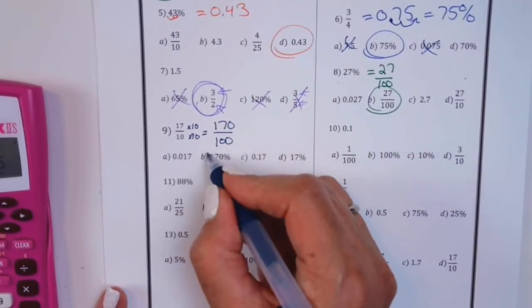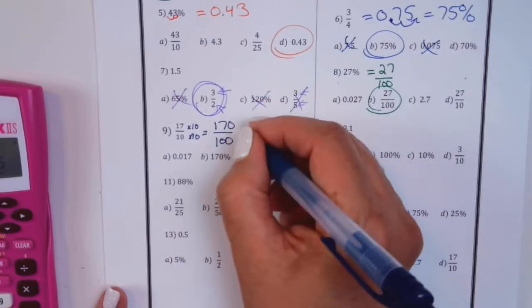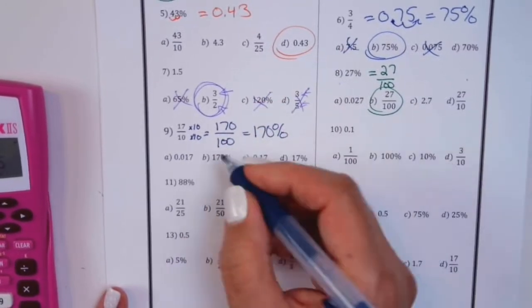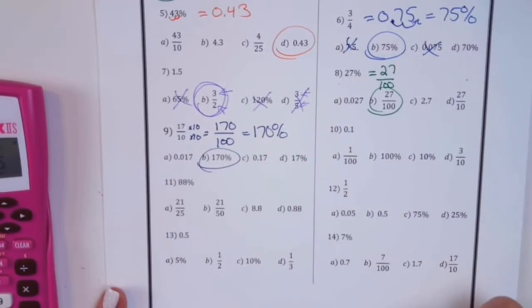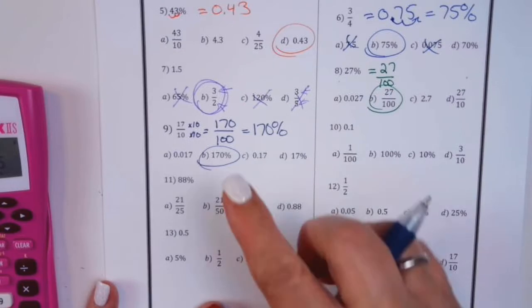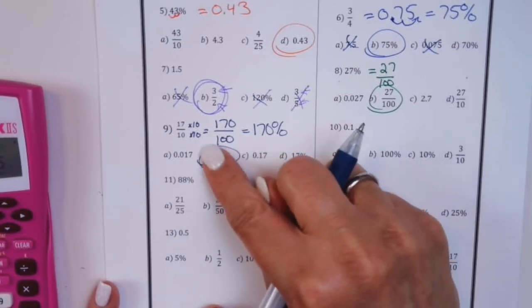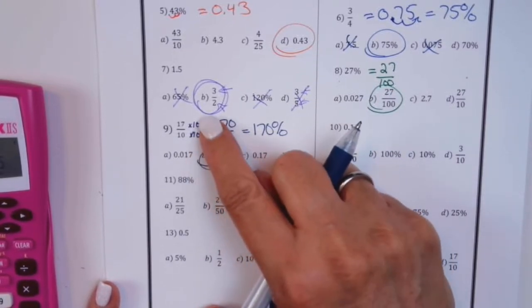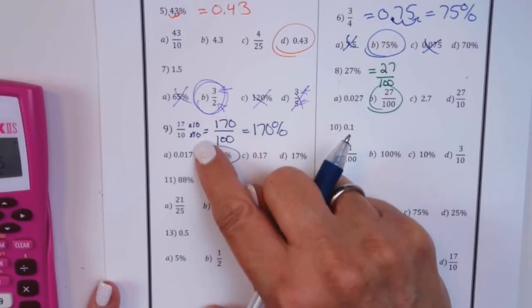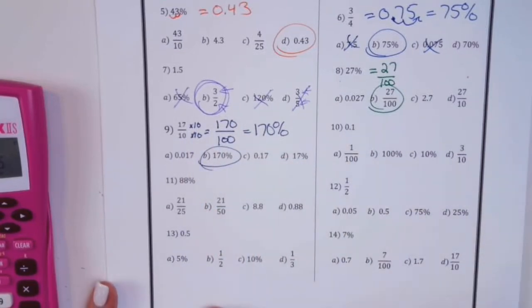Now we have that over 100, so now we can rewrite it as a percent, 170%. Well, there's our answer. So what we did is made this into hundredths, multiplying both by 10, because what we do to the bottom, we have to do to the top as well.